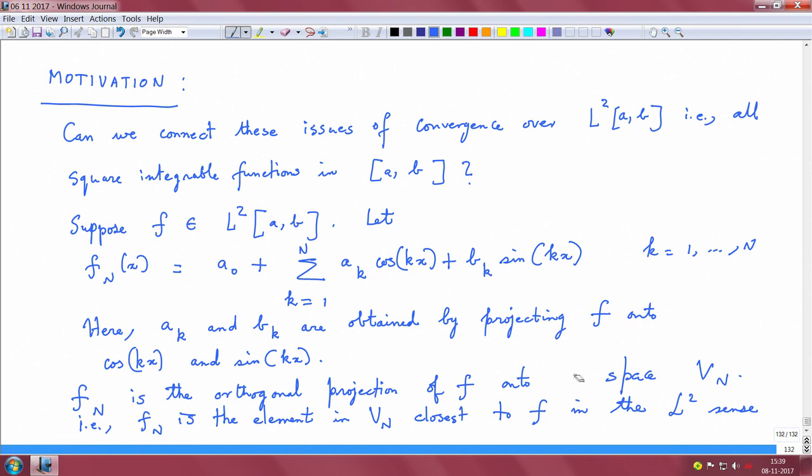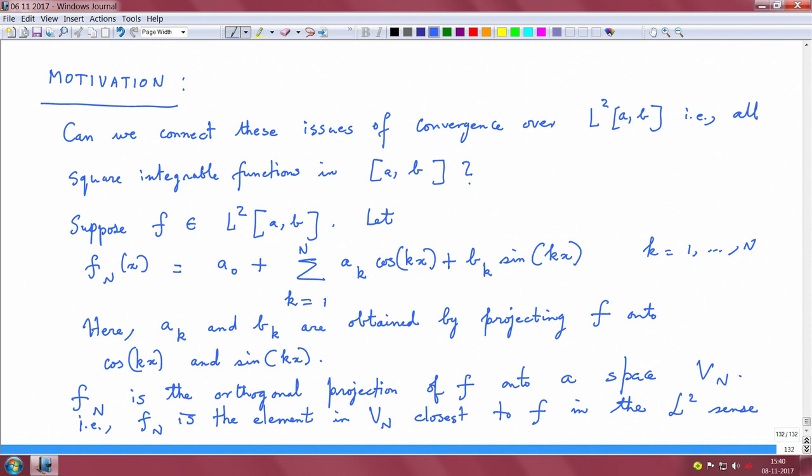So, I will say maybe this is a space V_n. What it means is, we are given some square integrable function, that is, you take the modulus squared, integrate it over that interval, and that is finite. And f_n is the orthogonal projection.